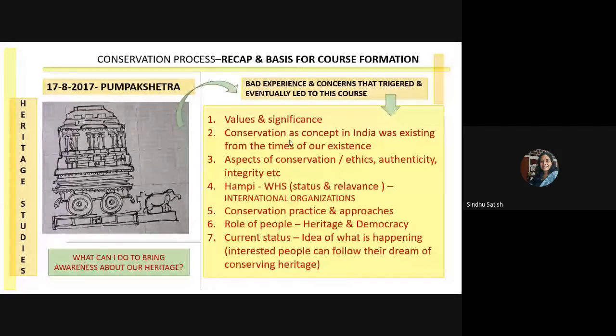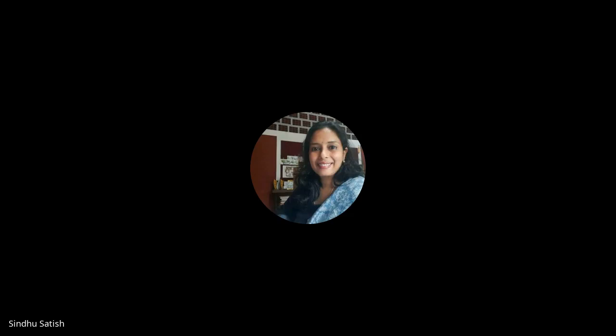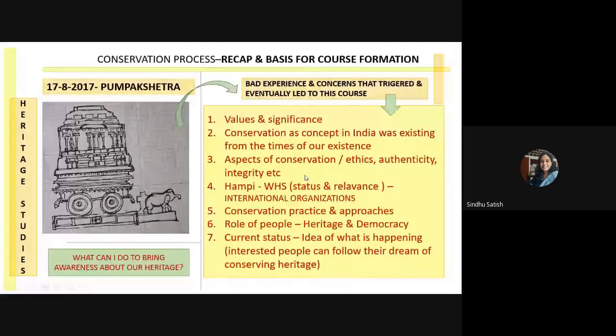That's when I realized that if we are aware of the fundamentals of conservation practice, then perhaps, if not doing it ourselves, we can at least monitor that activity with our knowledge. So I felt there is a lot to do. And people should also have a current idea of the status of these heritage properties.